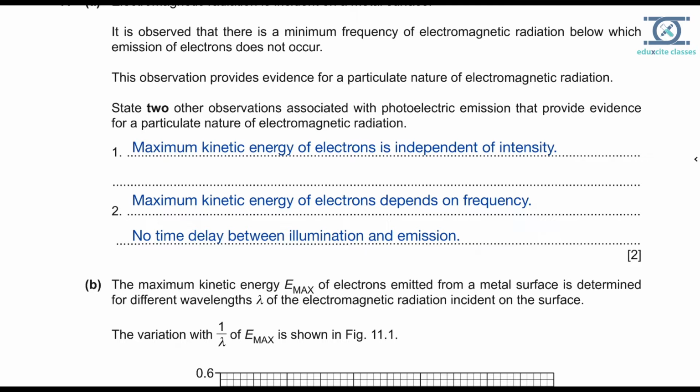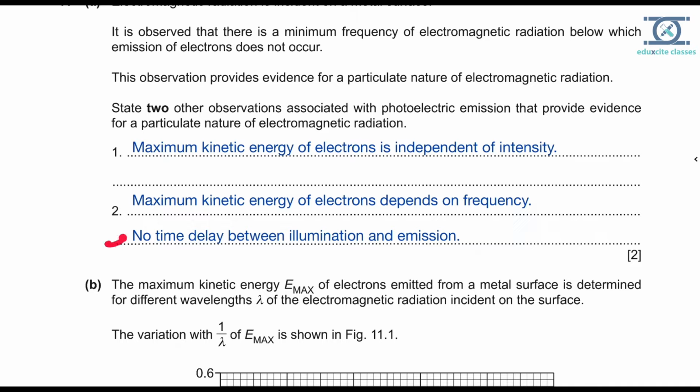So if you are increasing the frequency, provided that is above the minimum frequency required for the emission, then the maximum kinetic energy of the electron will increase, definitely, because we know that E is equal to h nu. If you are increasing the frequency, provided this frequency is greater than threshold frequency, that is the minimum frequency required, the kinetic energy will also increase, because the energy directly depends on the frequency.